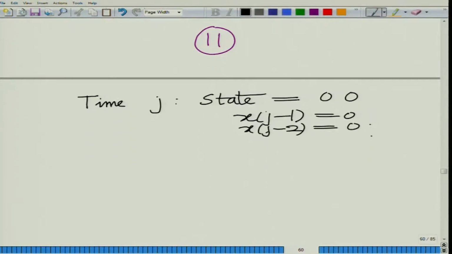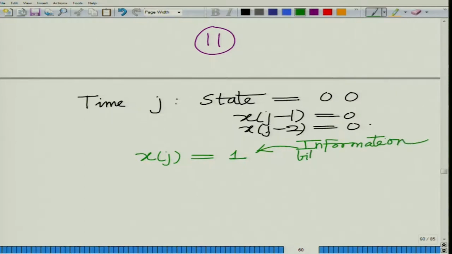Now, xj is equal to 1. This is the information bit at time j, which is fed to the encoder. First information bit.